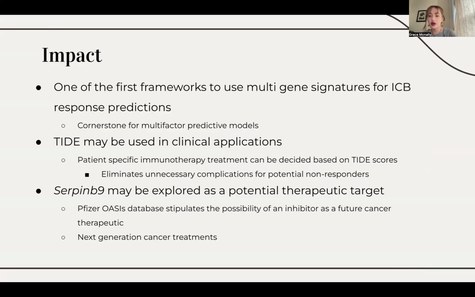Although there is no current inhibitor available, the Pfizer OASIS database stipulates that targeting this protein for therapeutics may actually be possible. This discovery has opened new research avenues for developing therapies to enhance the effectiveness of immunotherapies for the next generation of cancer treatments.